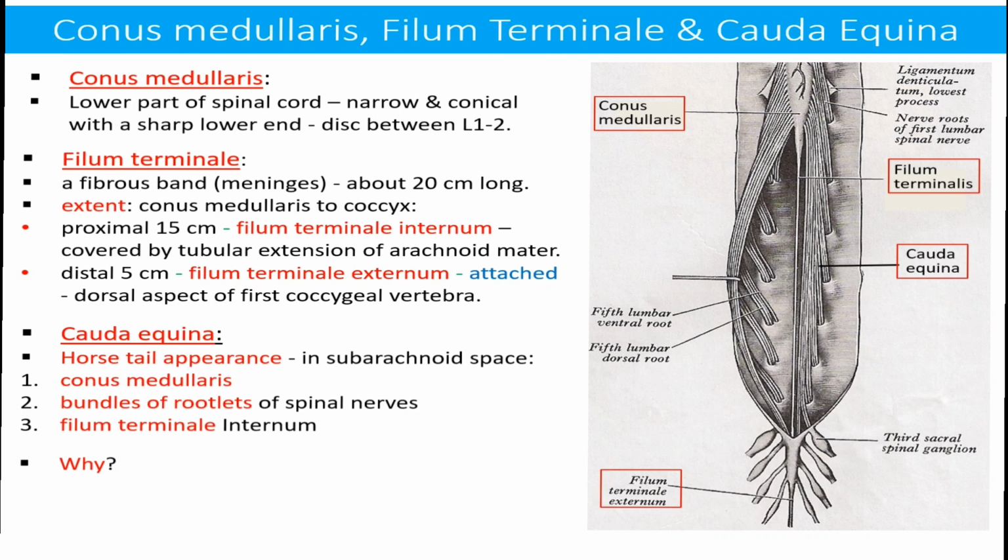Why is this appearance present? The reason is the relative shortening of the spinal cord as compared to the vertebral column, but the formation of the spinal nerves is fixed in the intervertebral foramen. Hence, due to the relative shortening of the spinal cord, these rootlets elongate to reach the site of formation of the spinal nerves.